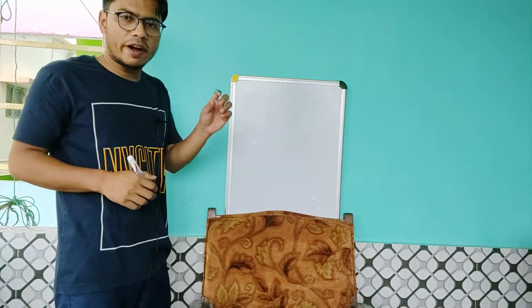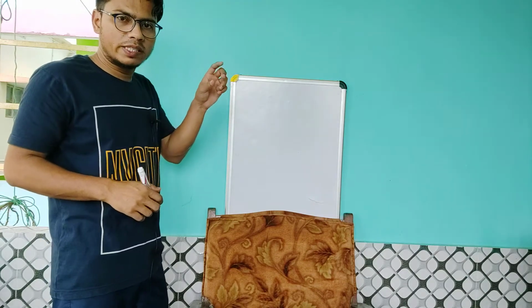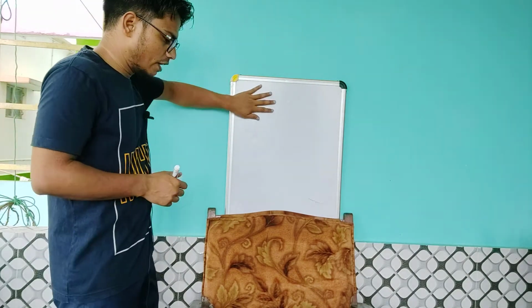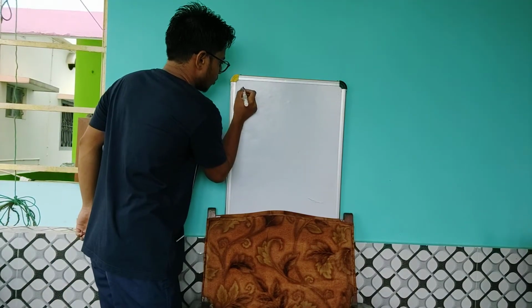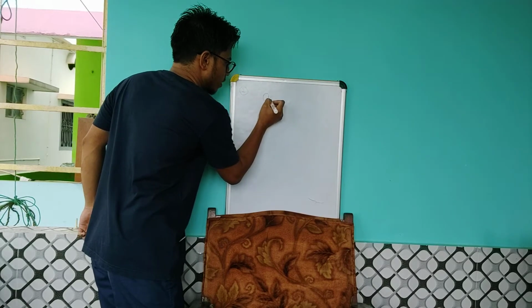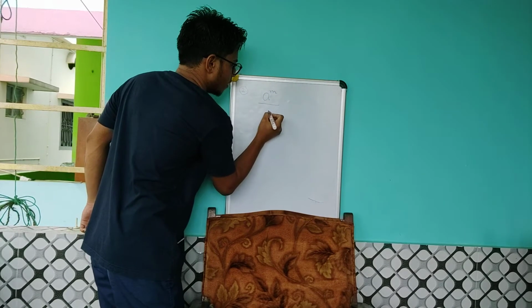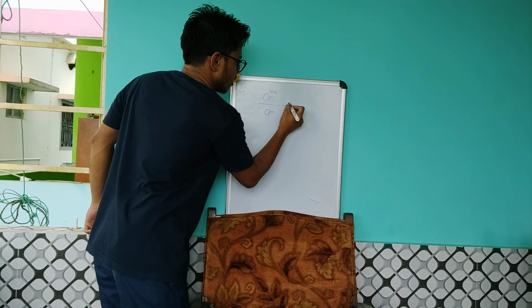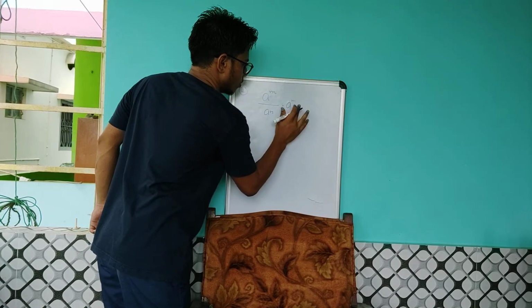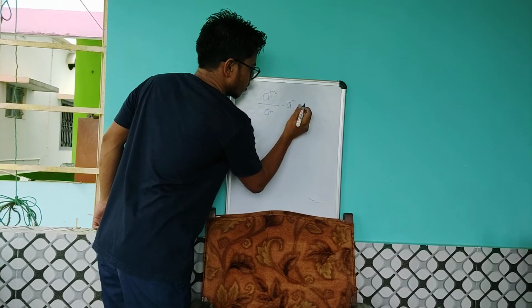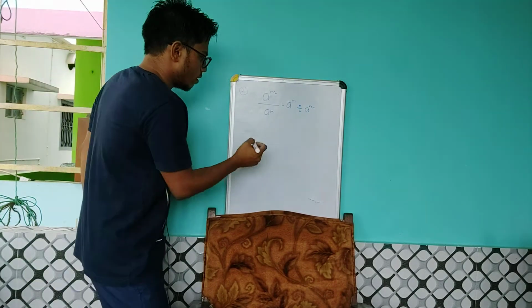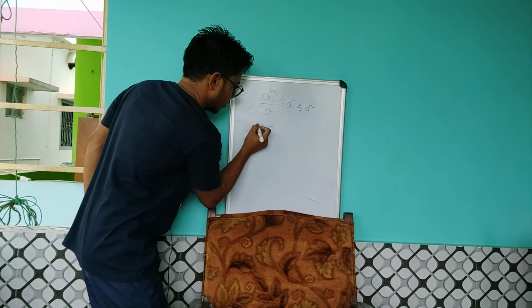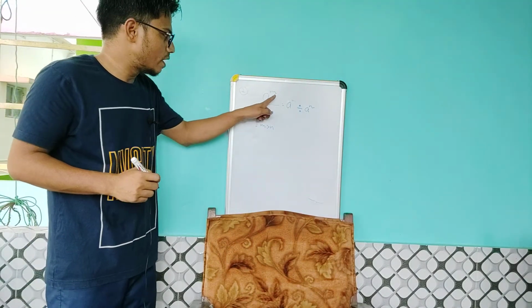What if we have to divide two numbers with the same base and different exponents? That will be the dividing rule. For example, rule number 2: let us say a to the power m is divided by a to the power n. Here we are assuming that m is greater than n.